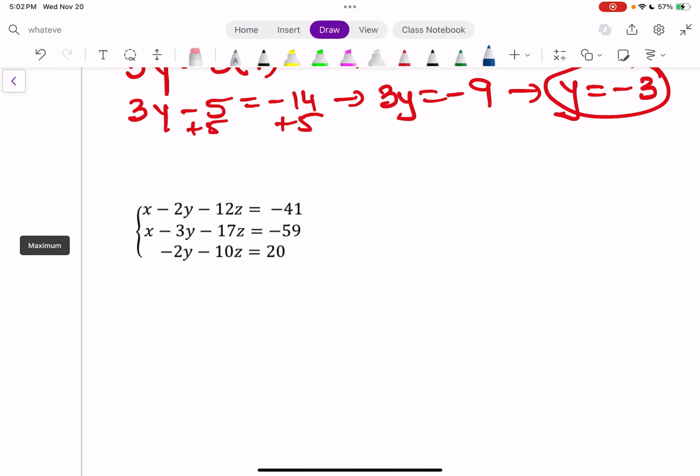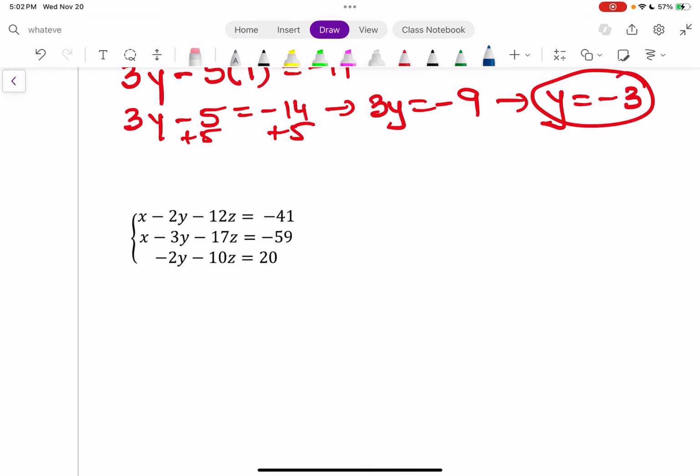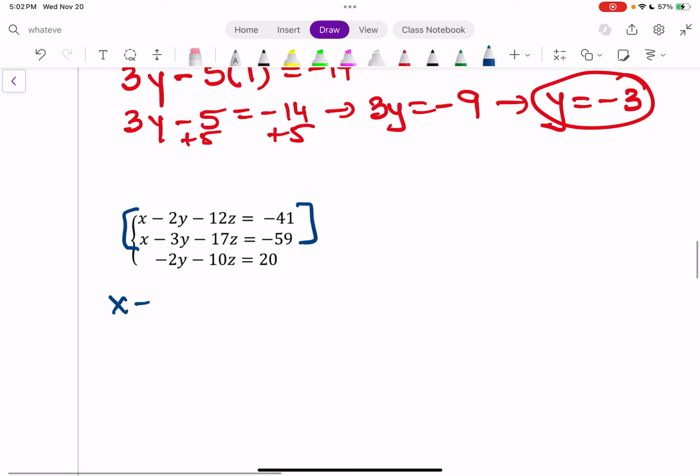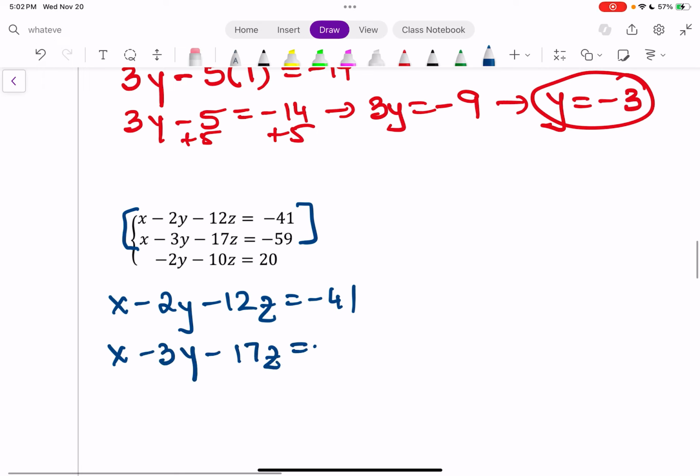Here's another one. One more time. Actually, this one's pretty neat. If I pick the top 2 equations and get rid of x, the bottom equation already has no x.